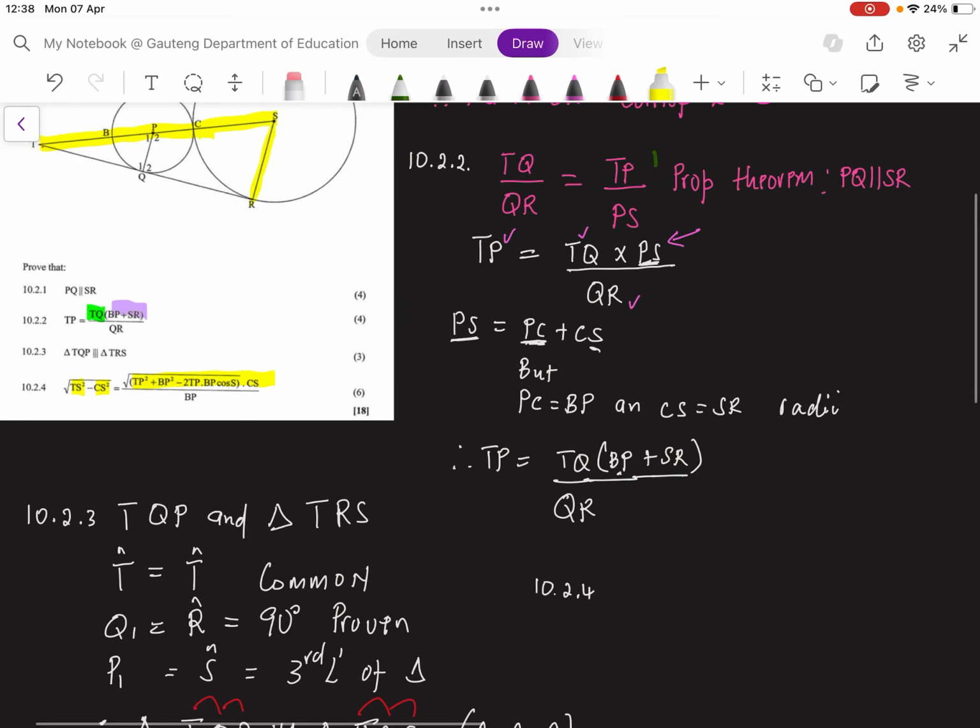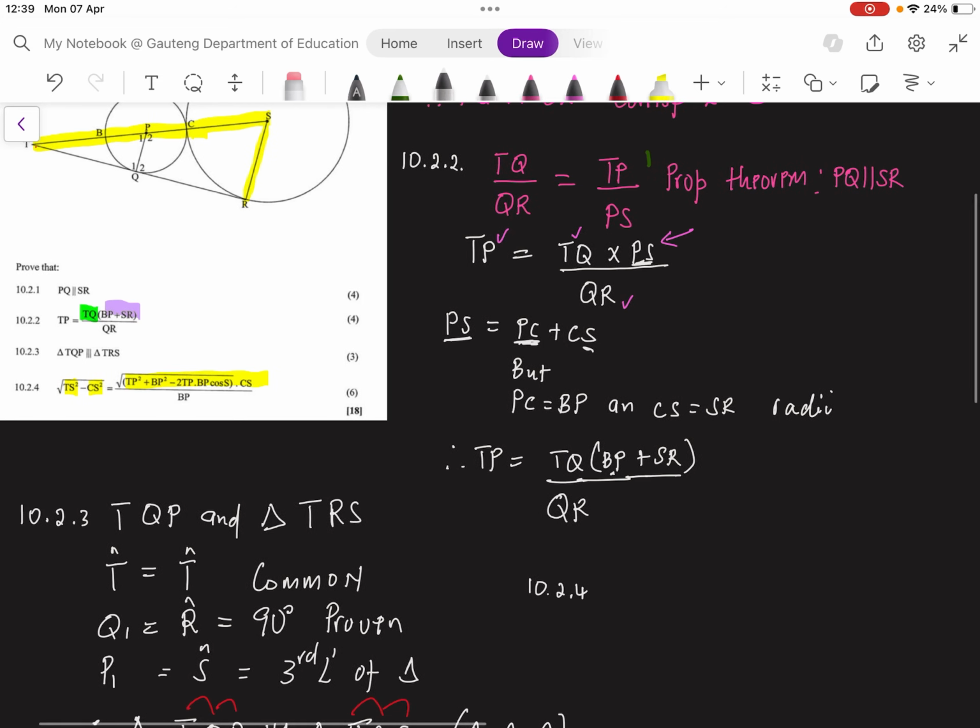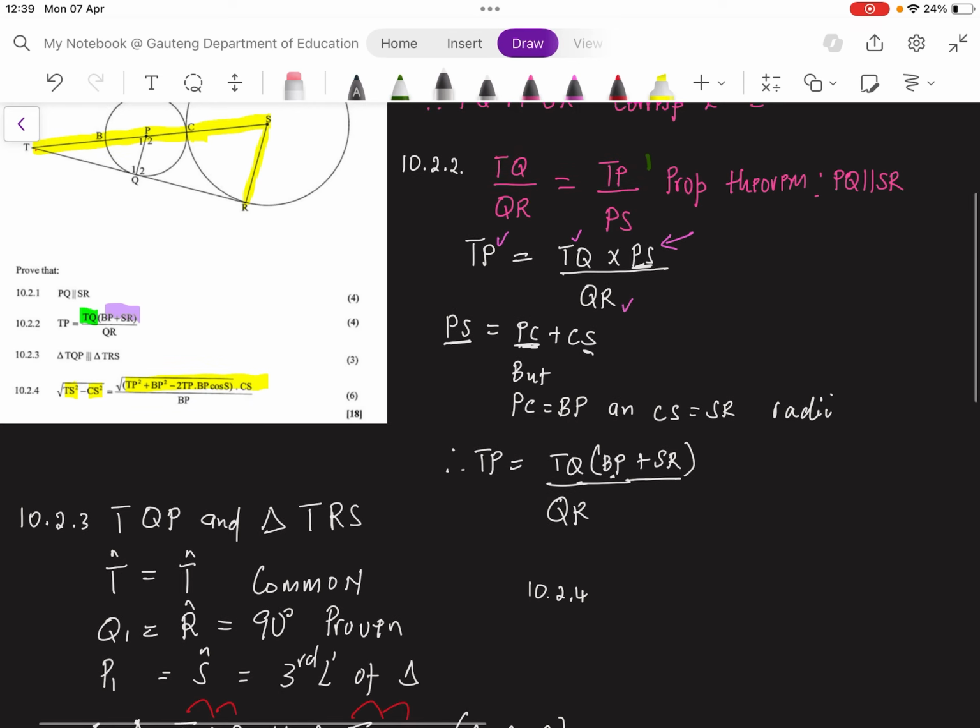Now, I can use Pythagoras theorem. I know that the Pythagoras theorem says TS squared, the square of the hypotenuse, is equal to the sum of the squares of the other two sides. So the other two sides are SR squared plus TR squared.